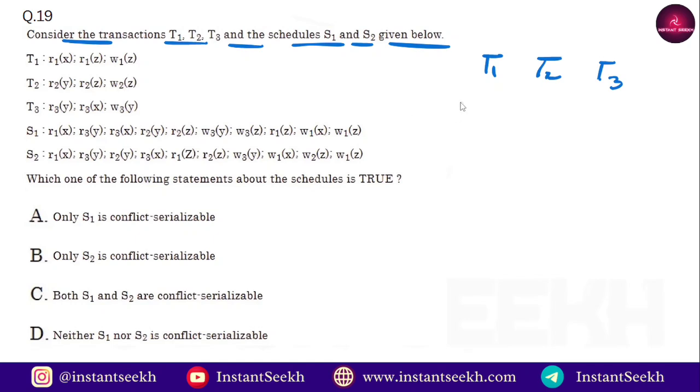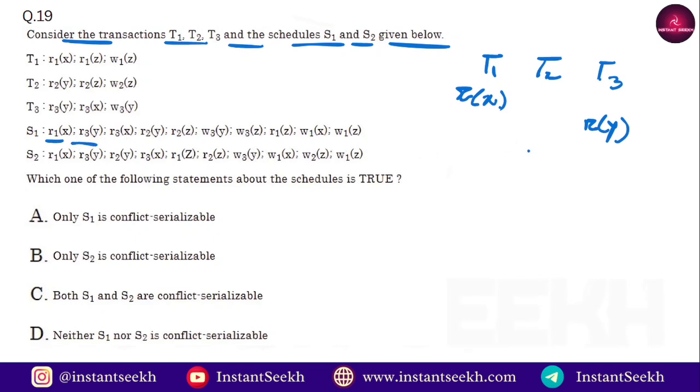First, transaction 1 reads X, then T3 reads Y. Focus here on the S1 schedule: R1X, R3Y.